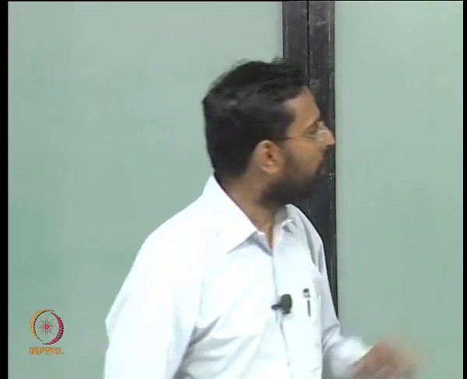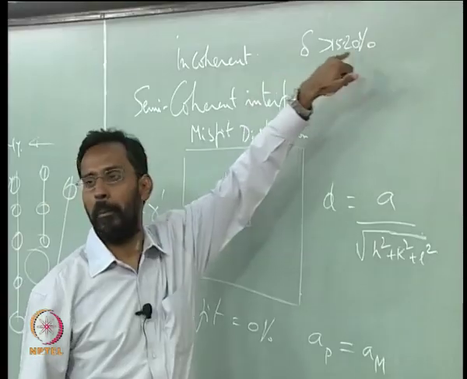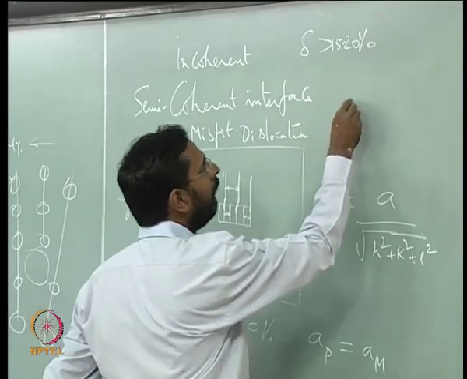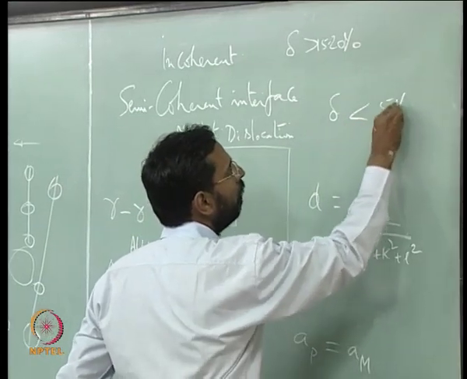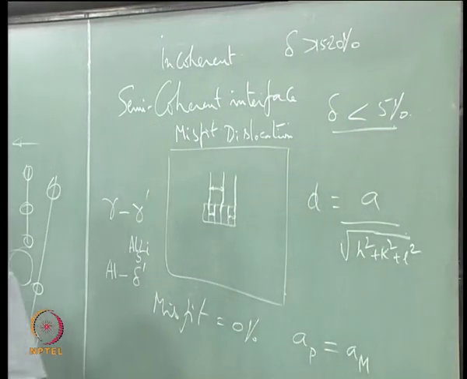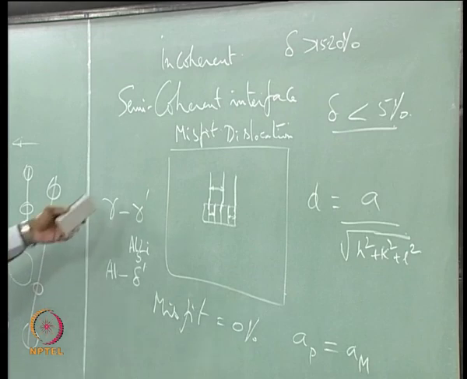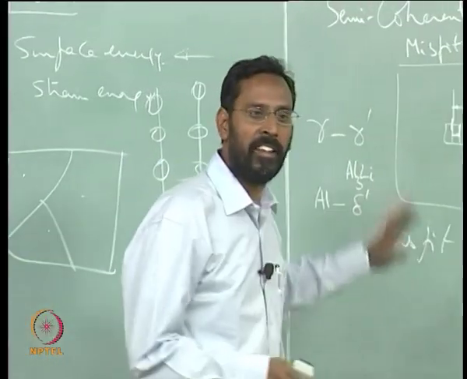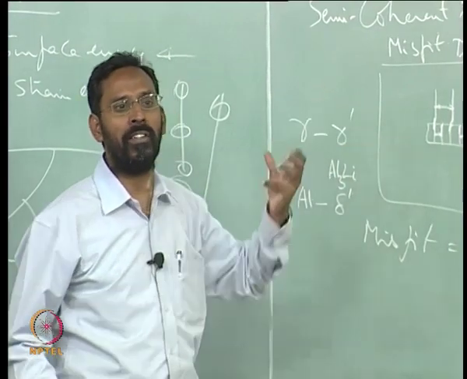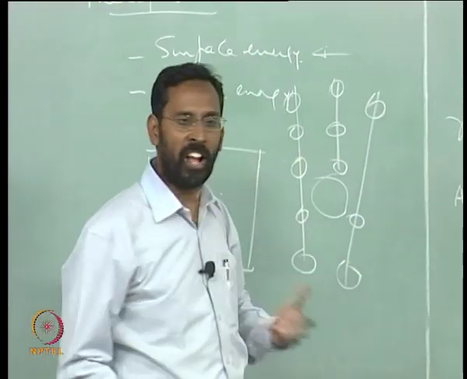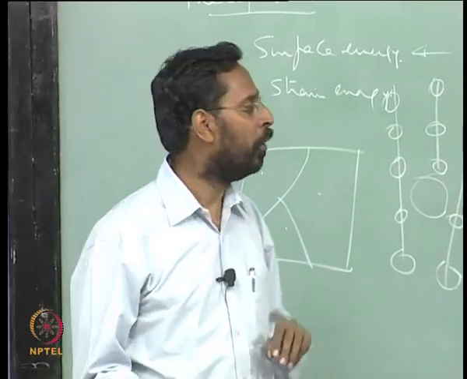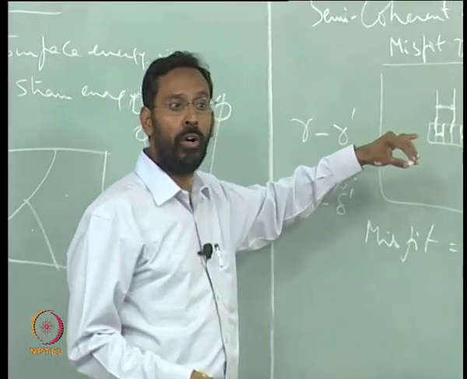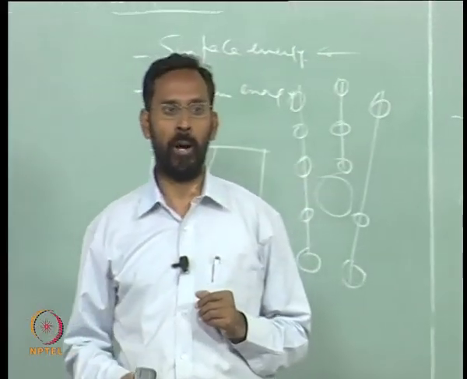The moment the structure is the same, then we look at this, and usually if the delta is less than about 5%, you get completely coherent interfaces, and gamma prime is such a case, where you have a very small delta. In general, this has nothing to do with thermodynamics, but it comes from the strain, and because strain energy is also one of the thermodynamic parameters, we need to discuss this. So, this is also going to decide the type of precipitate that comes out.